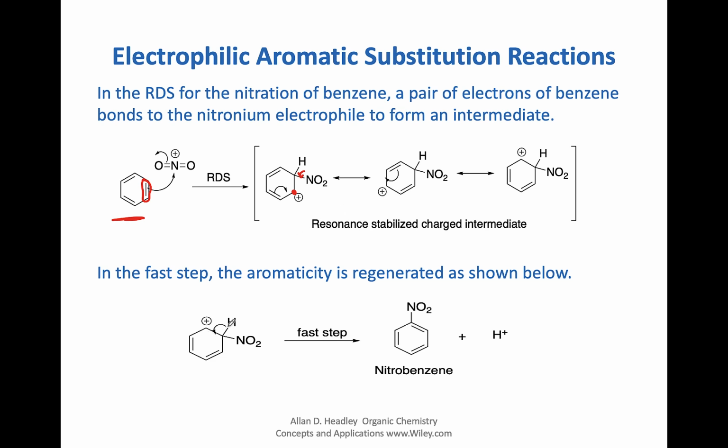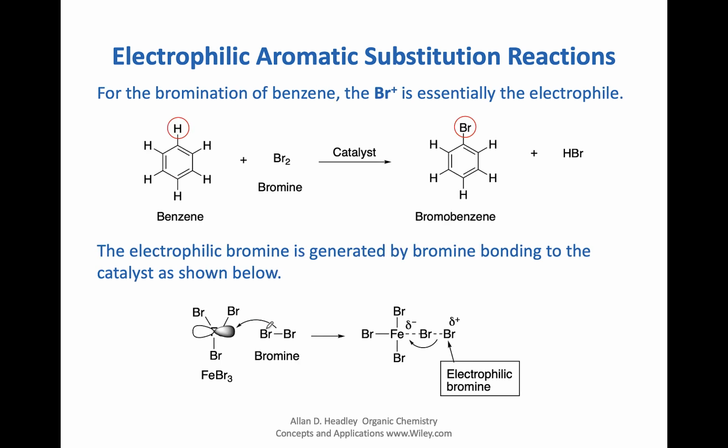In the final step, a proton is lost, so this is lost to give H+, and these electrons swing back in to form nitrobenzene in a fast step. So this is the reaction of benzene with nitric acid and the catalyst sulfuric acid to produce nitrobenzene.